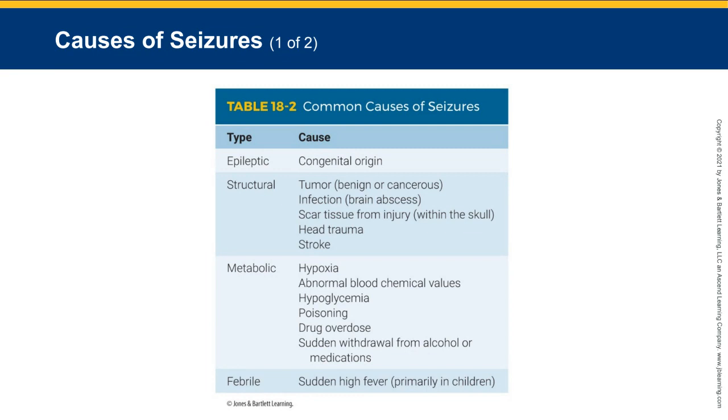It can be due to metabolic issues: hypoxia, abnormal blood chemical values, low blood sugar, poisoning, drug overdose, usually on stimulants, sudden withdrawal from alcohol or medication, or a sudden rise in body temperature, febrile. And febrile seizures are common in the pediatric population.